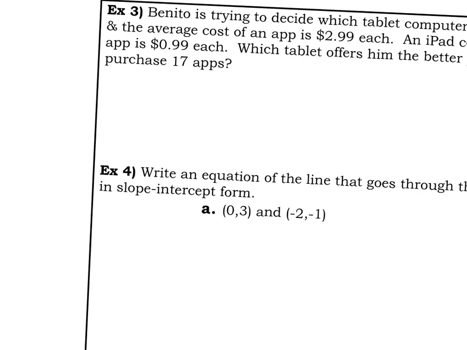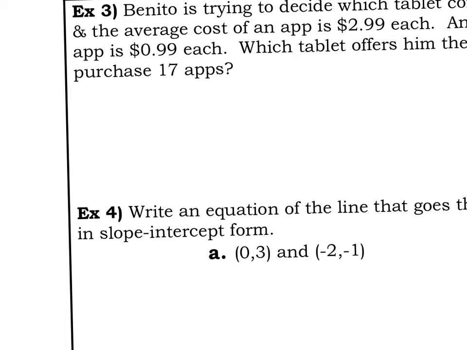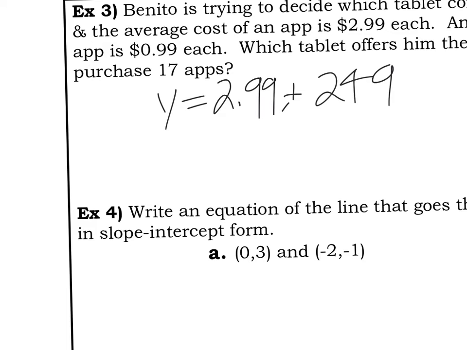So long story short, I have an Android equation, and it's going to say y equals, and the tablet price is what you start off with, $249. I'm going to put that second because it says mx plus b. And then I'm going to put $2.99. Sorry, I've been saying 99 cents, but that's for the iPad. So $2.99 is the Android one: $2.99x.